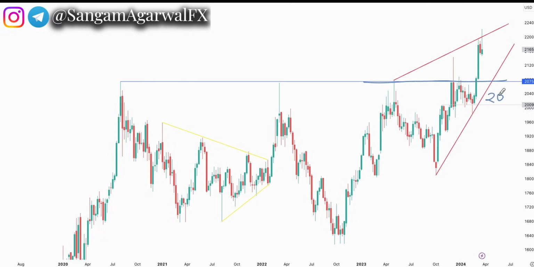So you have static support 2080 and a retest of this lower trend line of this rising wedge chart pattern. Because there is a possibility that either price makes more sideways correction on the weekly chart after breakout or it retests a big-size static horizontal support level.